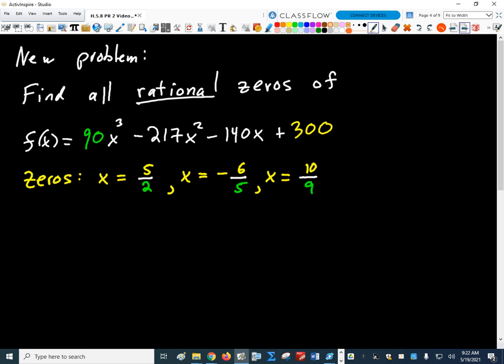What would have to be true if I just focus on the constant and the leading coefficient? How could I come up with a list of possible candidates that would definitely include all of those fractions that are the actual answers?